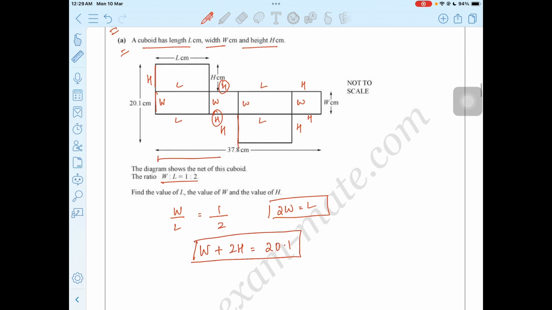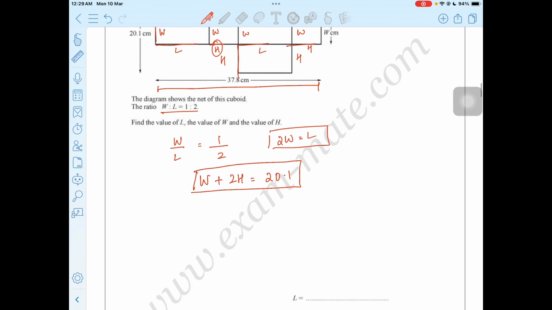Now let's make an equation from here. So this is L, then H, then L, then H again, right? So we have 2L plus 2H is equal to 37.8. Okay. So we have these equations over here. We can use any of the two.